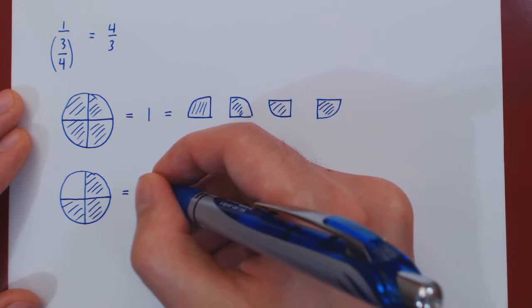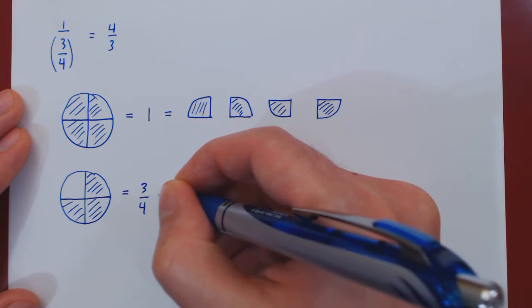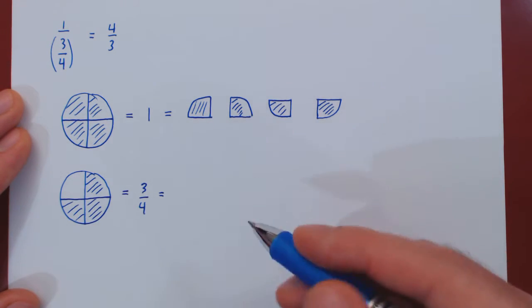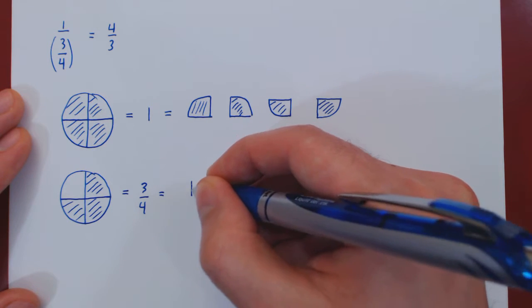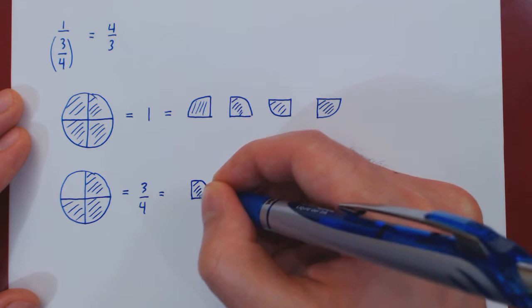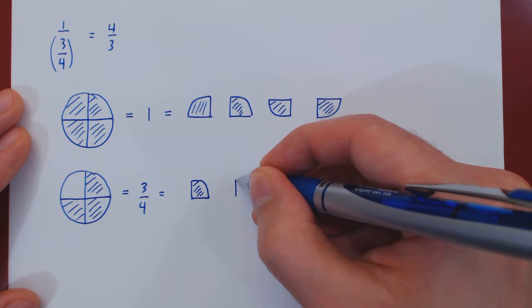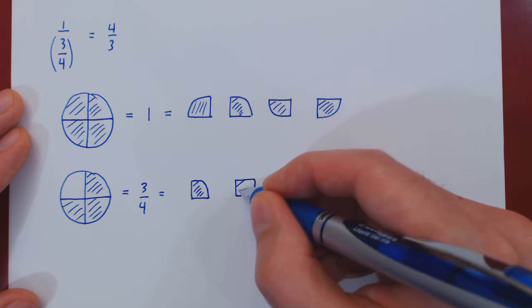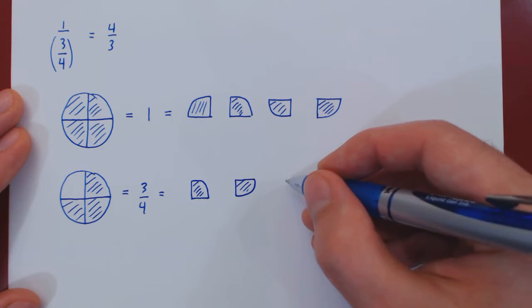So this is 3/4. Now let me put the 3 pieces as I've done before. So we have 1 piece, the second piece, and the third piece.